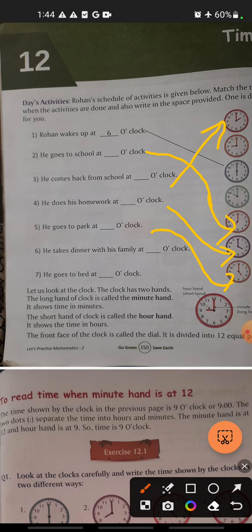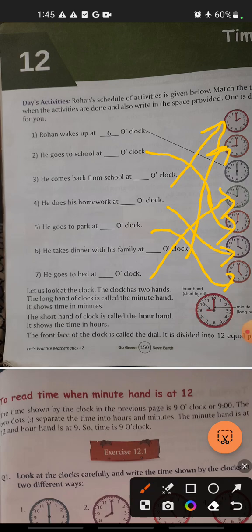He takes dinner with his family at, when he takes his dinner at 9 o'clock. And last is he goes to bed at dash o'clock. When he goes to bed at 10 o'clock. So this is the exercise.